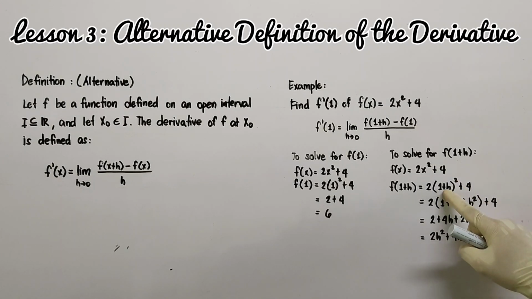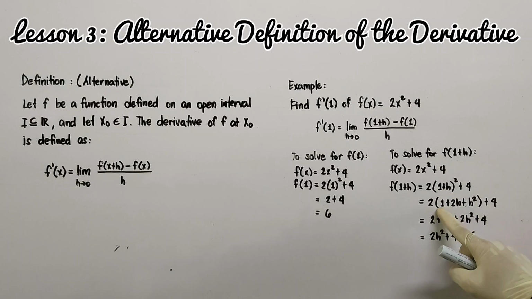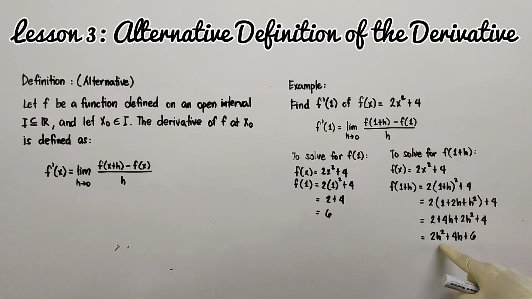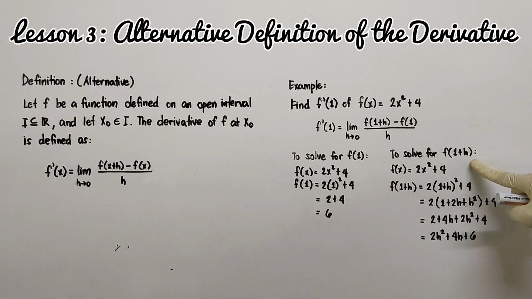Then square this binomial. Square the first term, we have 1. Twice the product of the first and second, 2h. Square the last term, h squared, plus 4. Then distribute: 2 times 1 is 2, 2 times 2h is 4h, 2 times h squared is 2h squared, plus 4. Rearrange the order, so you have 2h squared plus 4h plus 6. That is the value of our f of 1 plus h.